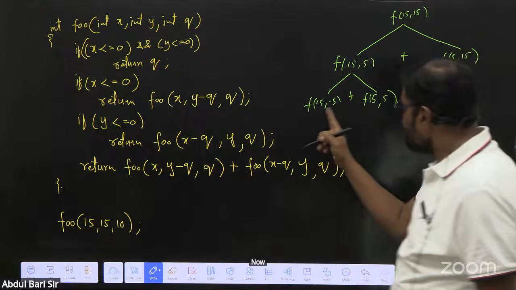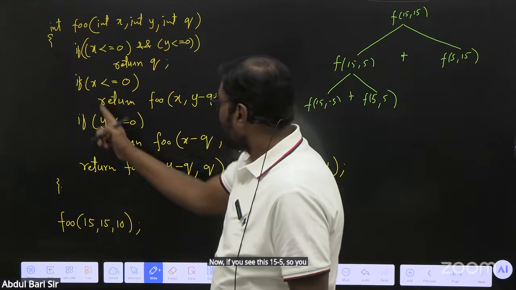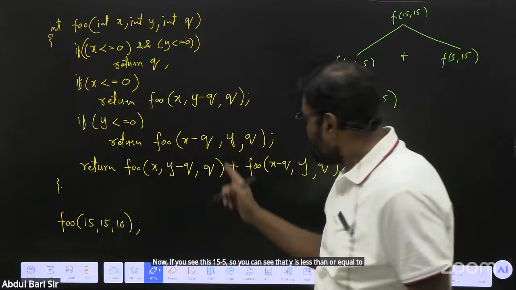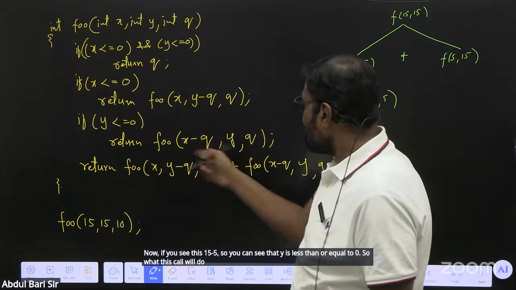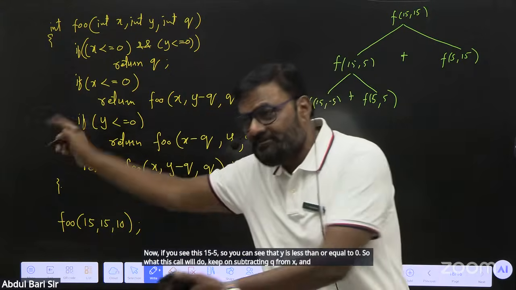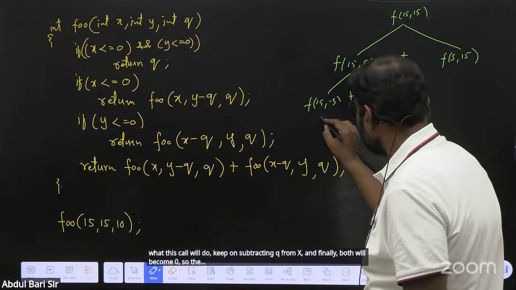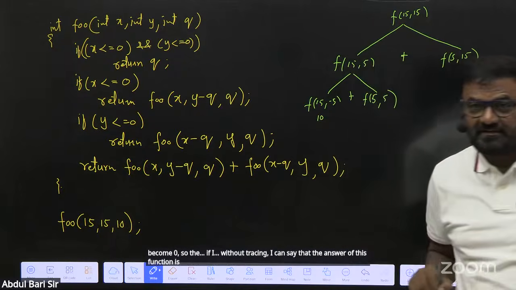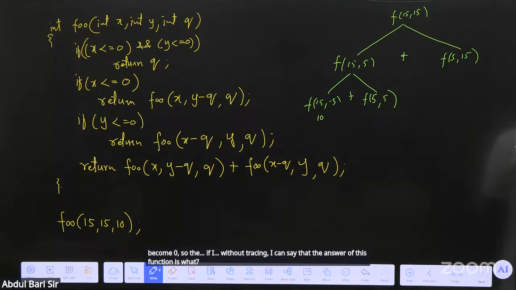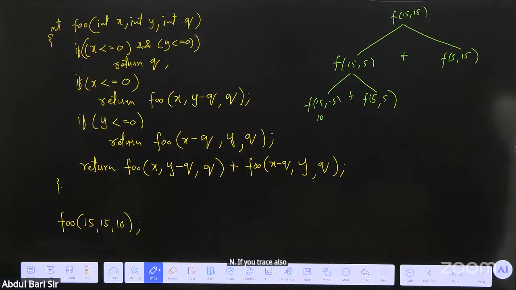Now, if you see this 15, 5, you can see that y is less than or equal to 0. So what this call will do, keep on subtracting q from x, and finally both will become 0. So without tracing, I can say that the answer of this function is what? 10. If you trace also, finally 10, 10, 10 will come back.